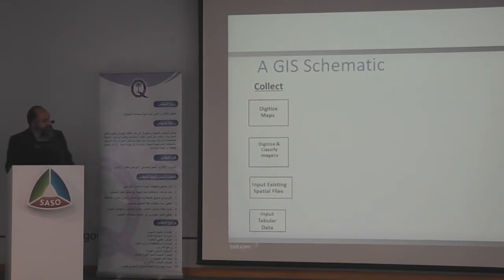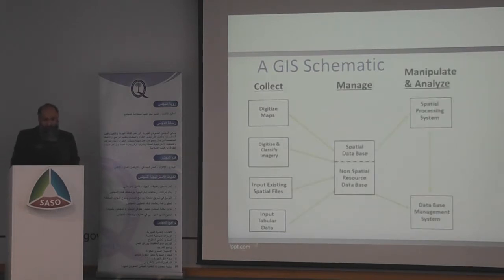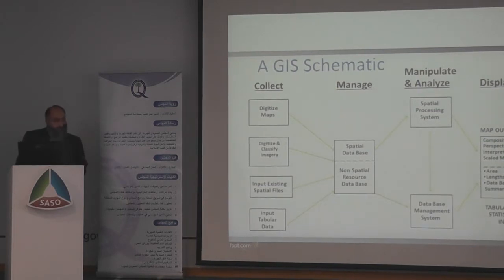So at the beginning, data are collected from all the sources we saw, and then it has to be managed in different ways. And then data processing, data analysis and manipulation as required, and then how we want the output to be, how it can be displayed. And we'll show real examples of this schematic.